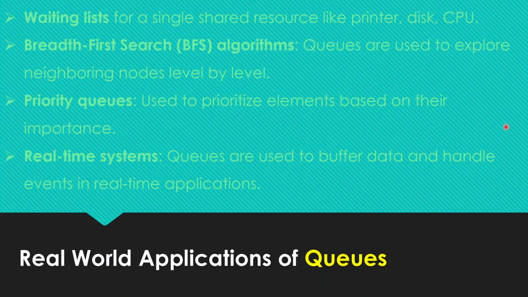Okay, then we have the real world applications for queues. Number one is waiting lists. So anytime you're sending items to a single shared resource like a printer, you're going to have a printing list, which is going to put the items you're sending to the printer one after another.